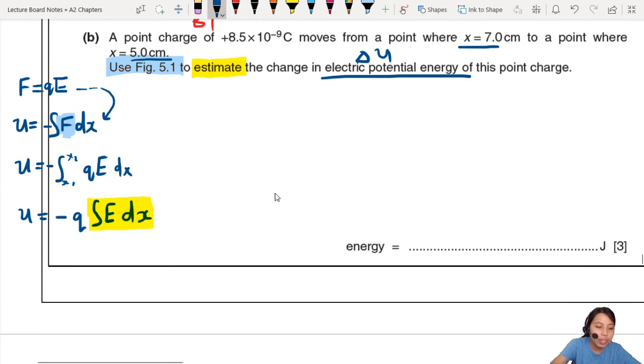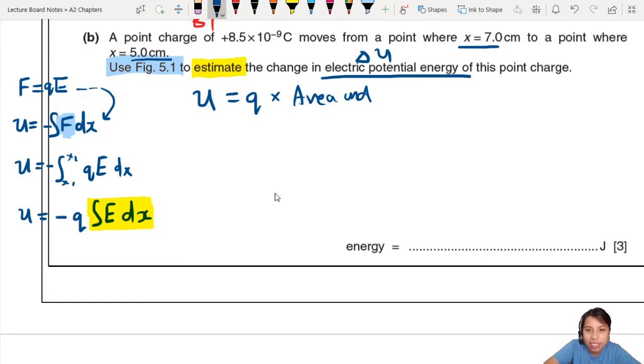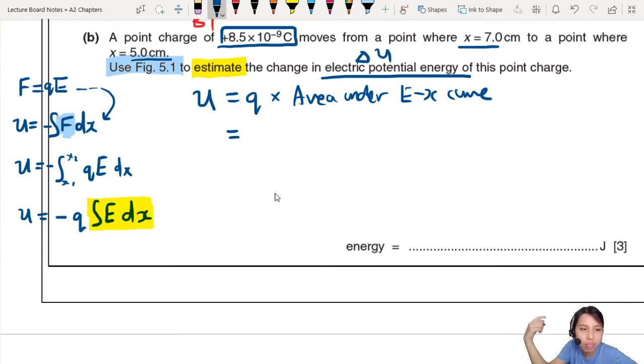So let's write out our working here. I'm just going to ignore the negative sign because we just want the change in energy. So here it will be Q times the area under the E-x curve. What's Q? Did they give it to us? The point charge Q is for the point charge going closer to this sphere.